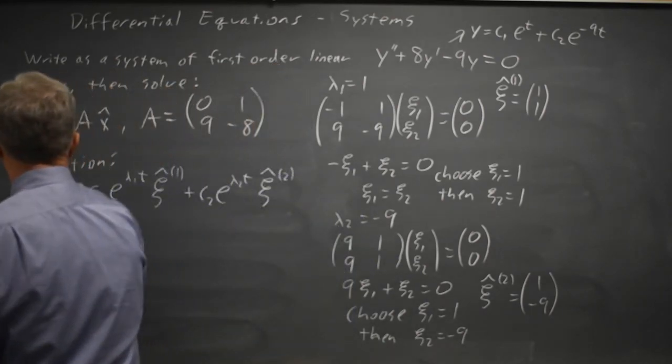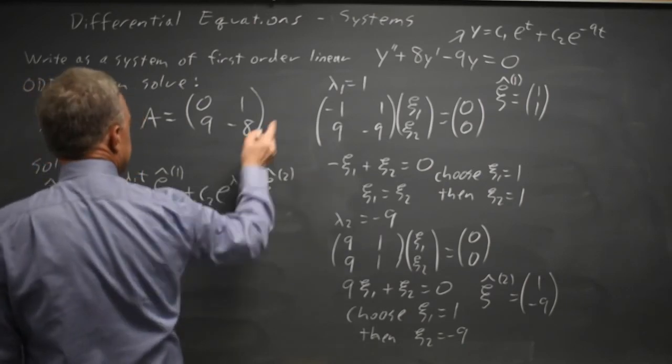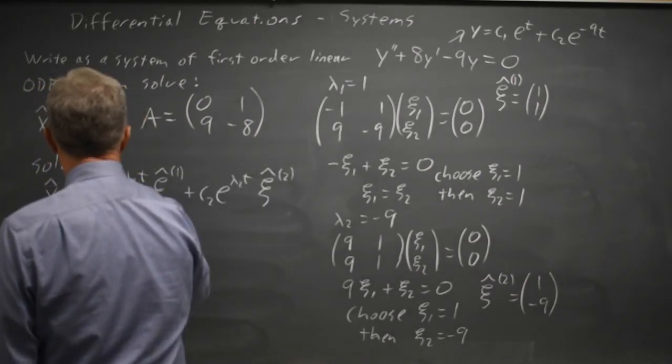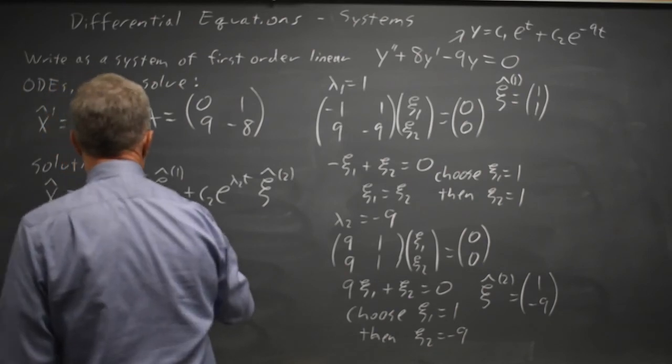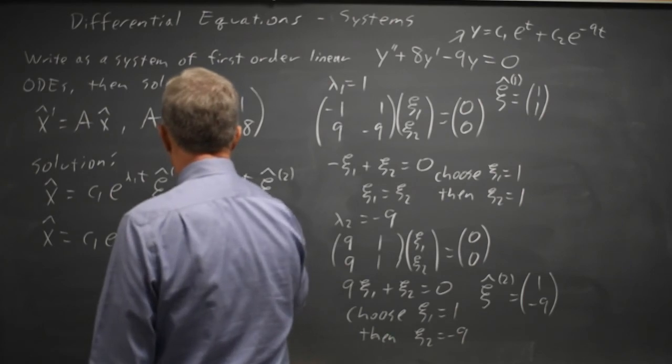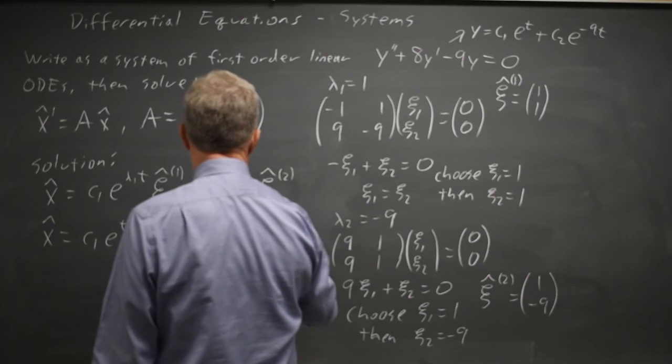So that would be x vector is c1, lambda 1 is 1, so that's e to the t, times eigenvector 1 is 1, 1, plus c2 e to negative 9t times 1, negative 9.